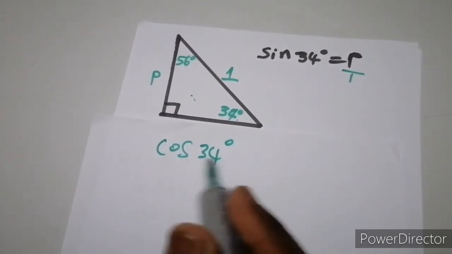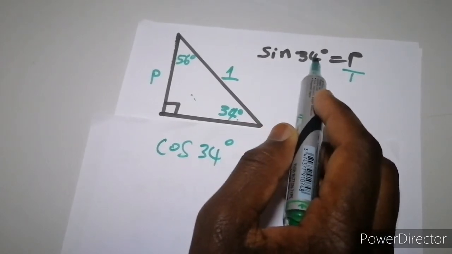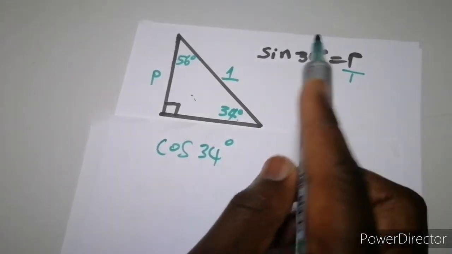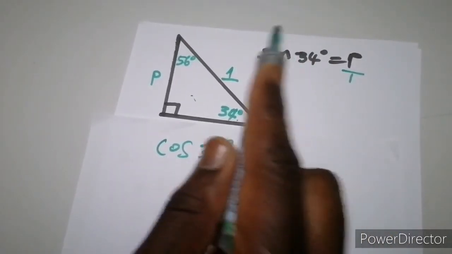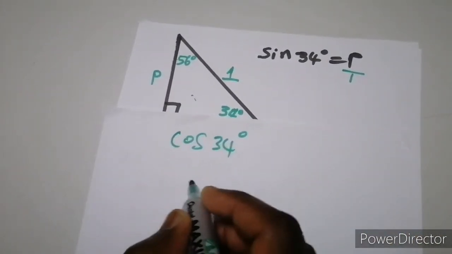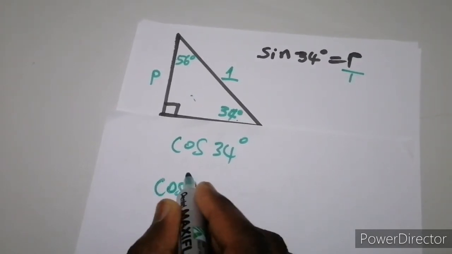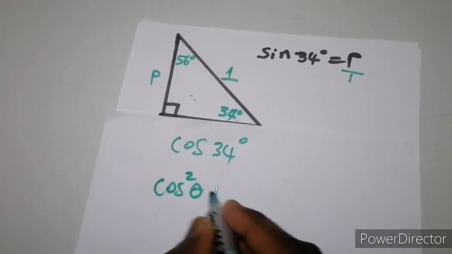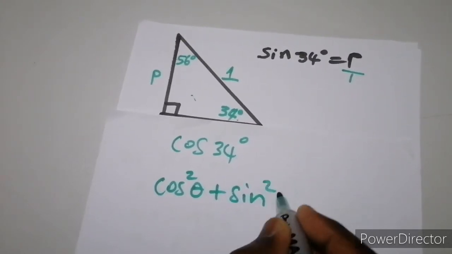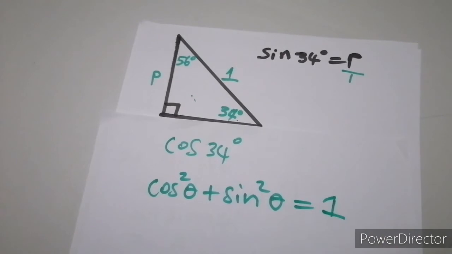We can use square identities because already we are given the sine of 34 degrees. Remember, the square identity is about the sine and the cos of the same angle. What I mean is this. Remember, the identity states that the cos squared of theta plus the sine squared of theta is equal to 1.